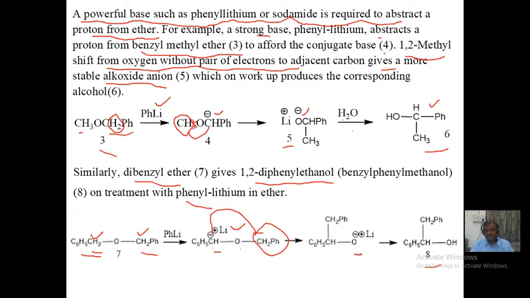So this is a minus charge balanced by lithium, and you know that in the presence of a proton donor, as in the previous example where we saw water, there is abstraction of a proton from a suitable source, and it is going to form an alcohol, friend. And this is nothing but 1,2-diphenyl ethanol.